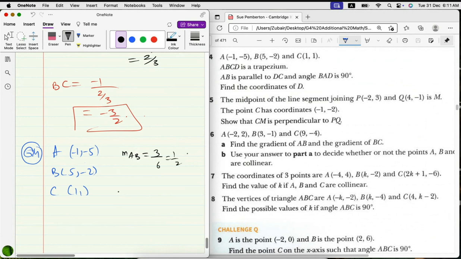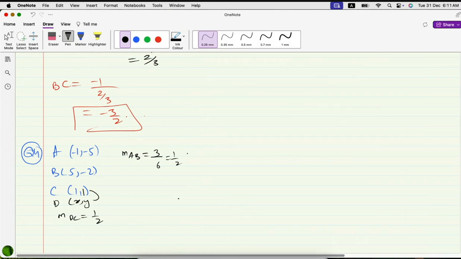Then afterwards it says BAD is 90 degrees. So we have the gradient of CD as 1 by 2 again. If we plug into the formula, y2 minus y1 over x2 minus x1 equals 1 by 2.